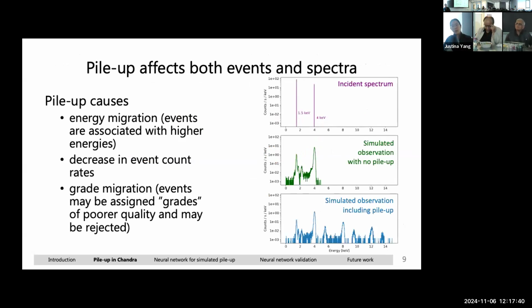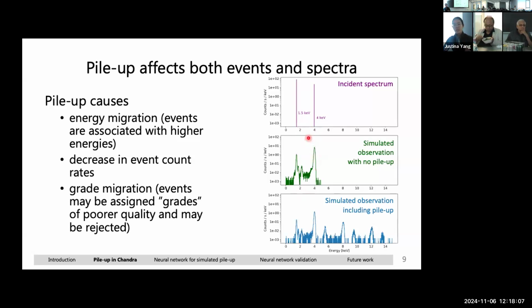So as I mentioned before, pileup will affect both your events list and your spectrum. In this particular example that I'm showing, suppose that you have a source that emits photons at 2 particular energies. Then without pileup, you would just observe a version of those 2 spectral peaks.